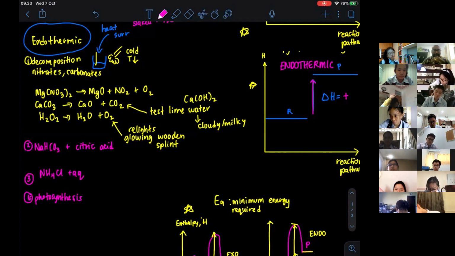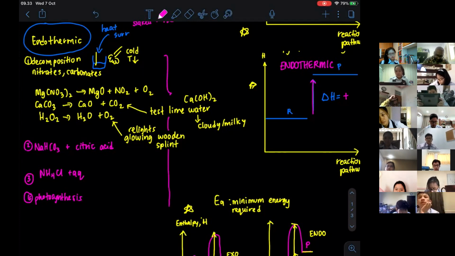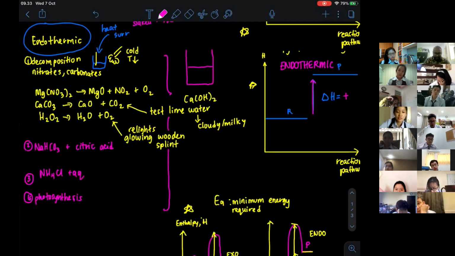So do remember, when you have all these reactions, the main idea over here is when you add them in a beaker and you mix, or you let the reaction take place, when you touch the beaker, what we expect to feel is cold.